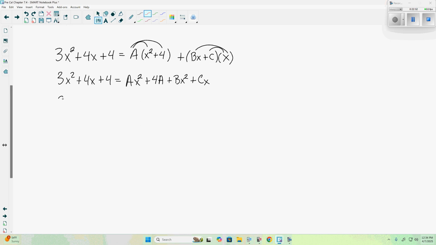Now again, just like the last one, I'm going to rewrite the right-hand side to just have our like terms next to each other. So ax squared plus bx squared. The only x term is cx, so we'll put it next, plus 4a.